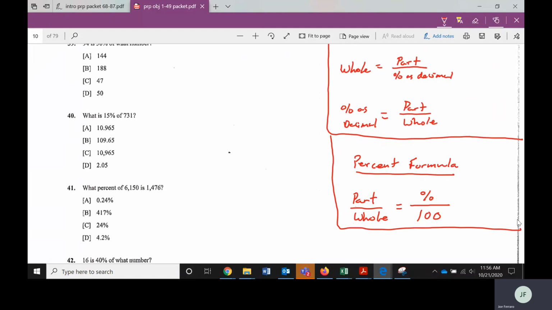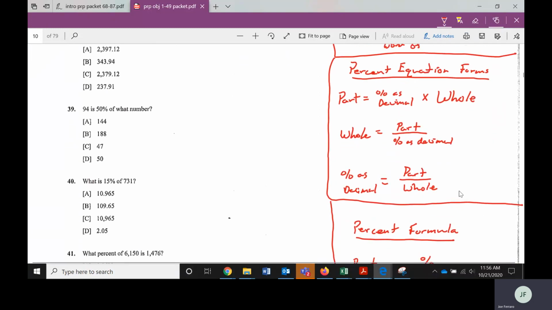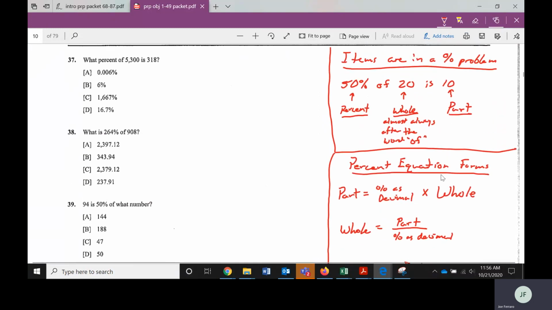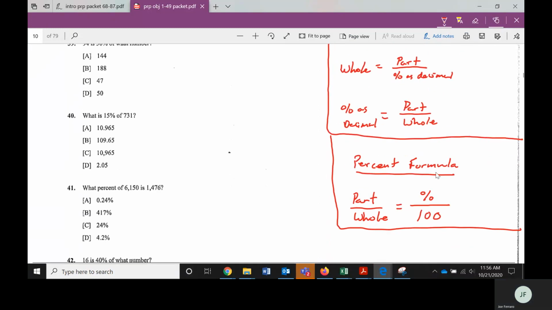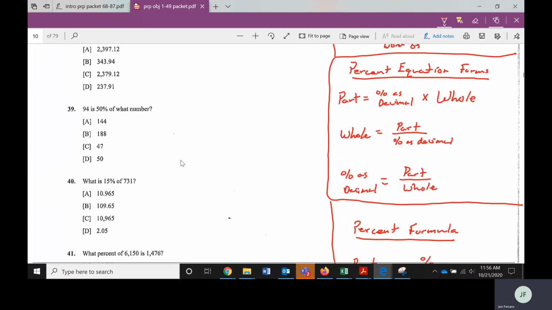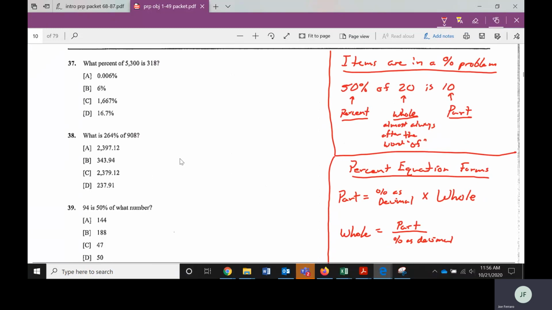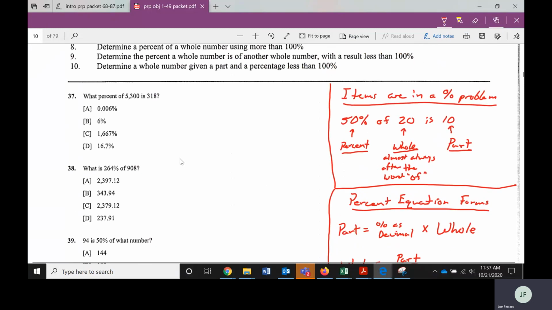So these are the two methods you can use to solve these problems. We'll look at about 2 problems for each one of the objectives. You can either use the percent equation, or a form of it, or the percent formula. I'll show you both methods on these. So let's go through, and we'll do about 8 problems here.